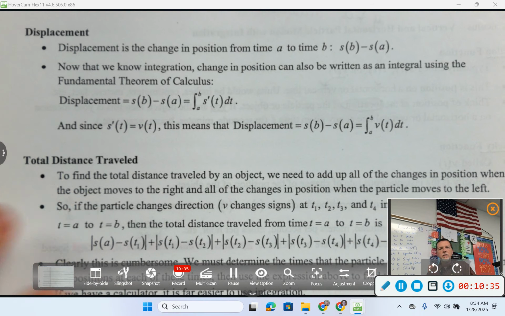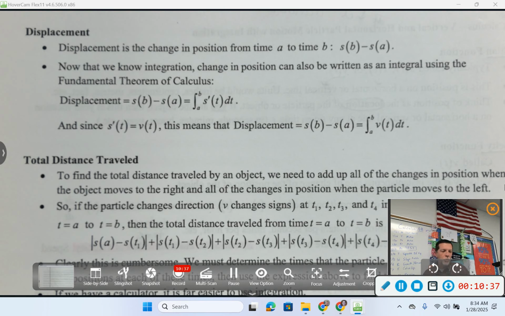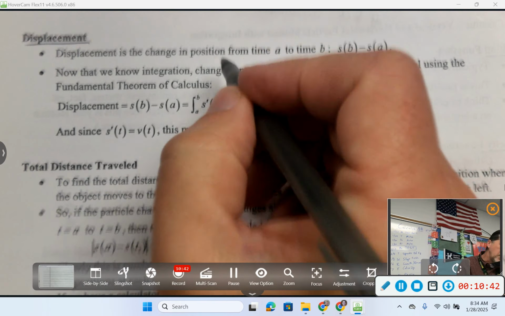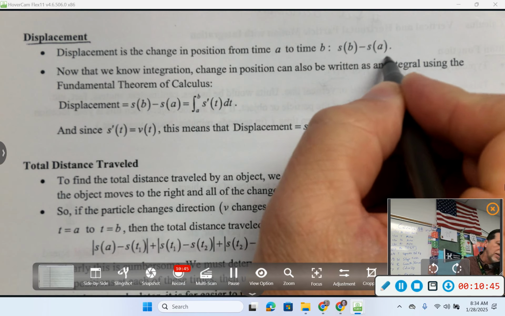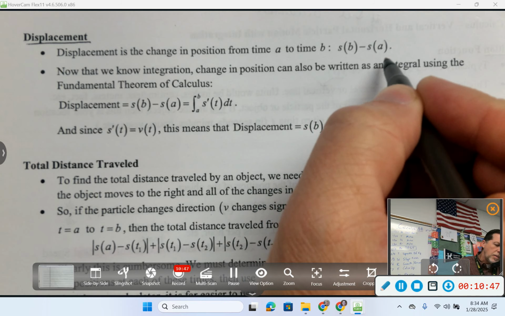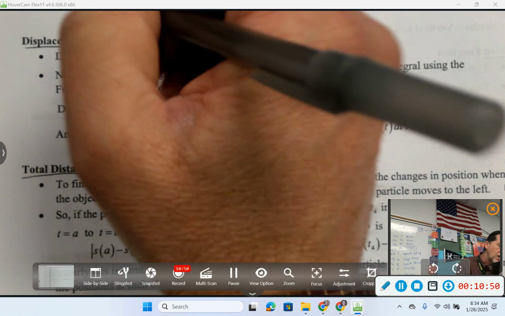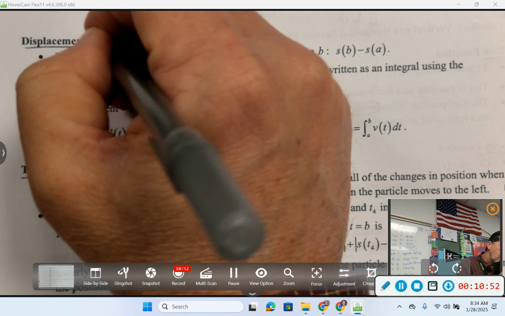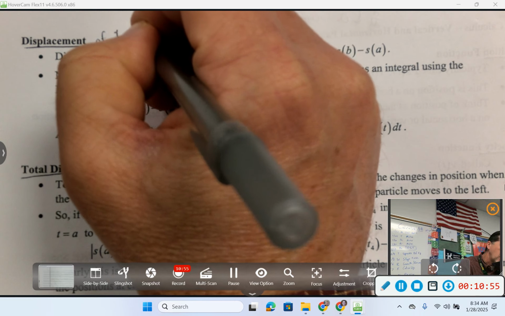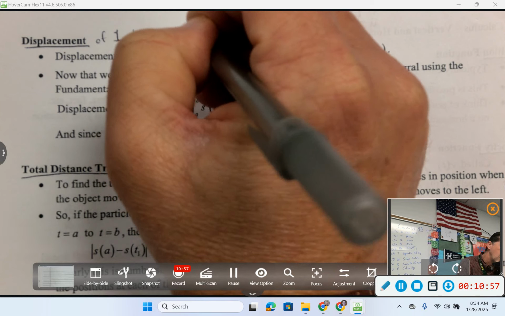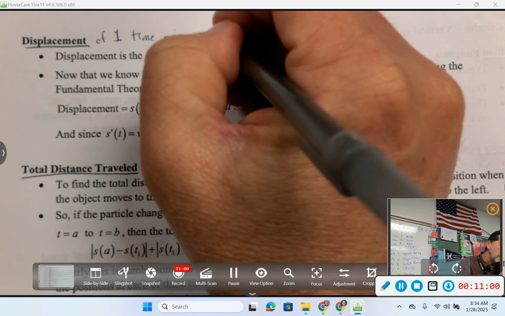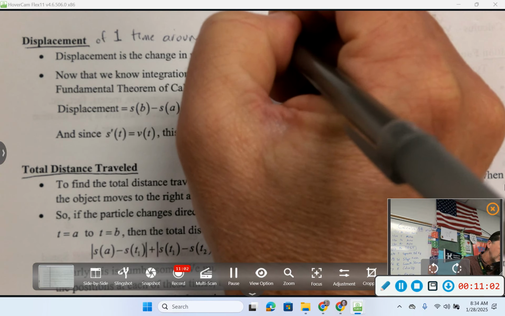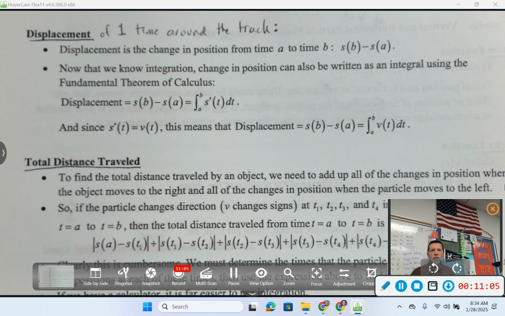Right. Displacement. We're about to start to get into some new information here. Displacement is the change in position from time A to time B, as opposed to total distance. Let's do the classic example here. The displacement of one time around the track. Do you remember what your displacement is if you run around the track exactly one time?